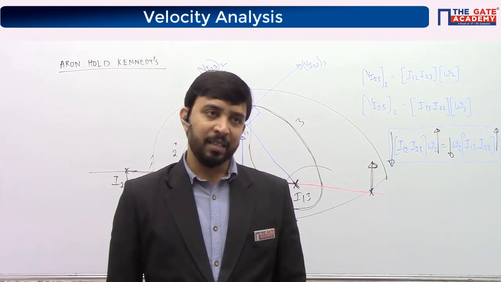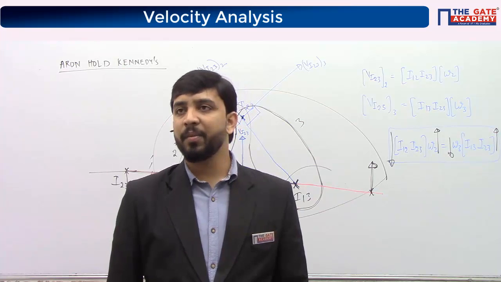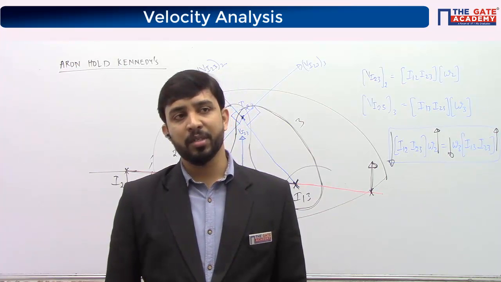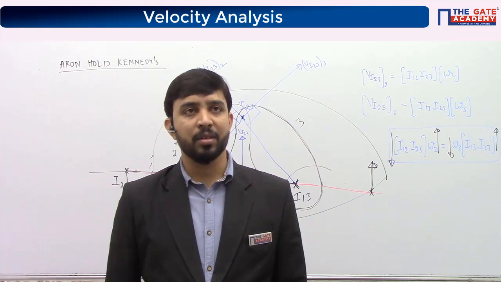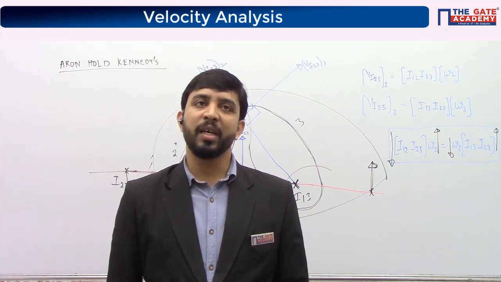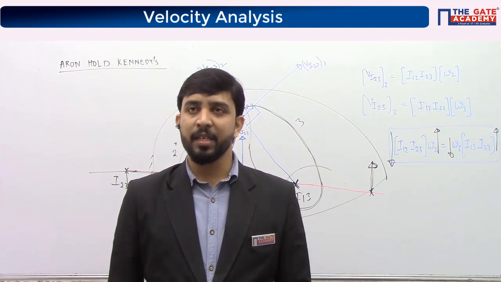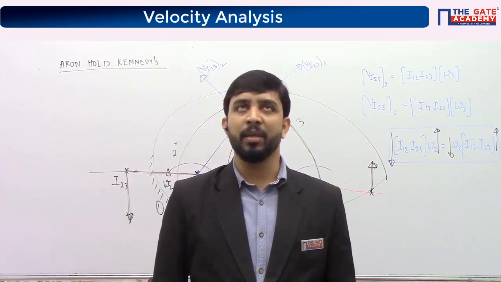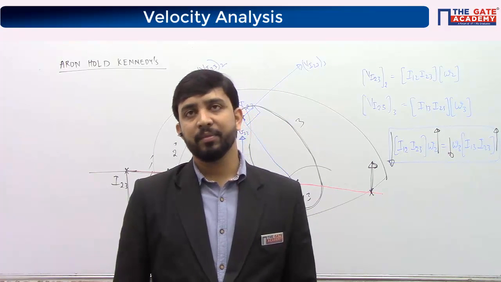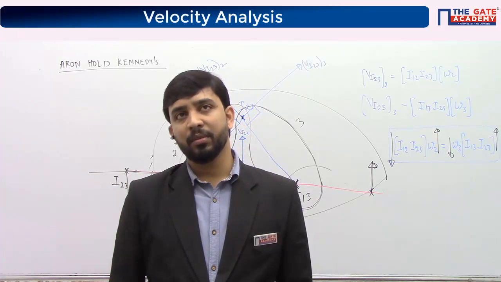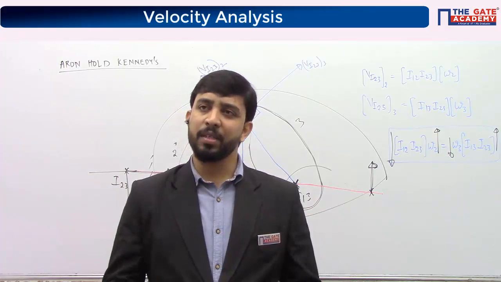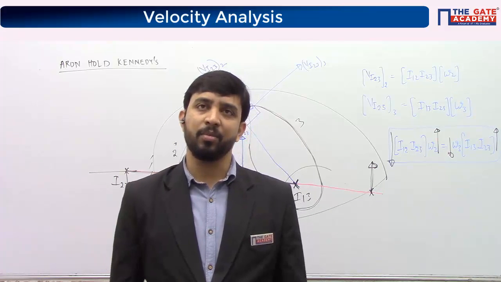Next item. The three links are rigid bodies. The three rigid bodies may be connected directly or may not be connected. So there may be a connection between the three bodies or there may not be any connection between the three bodies.